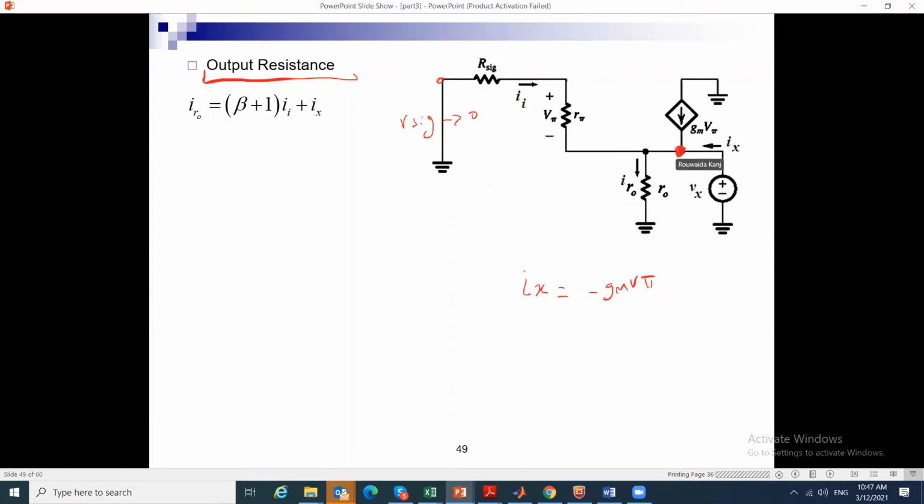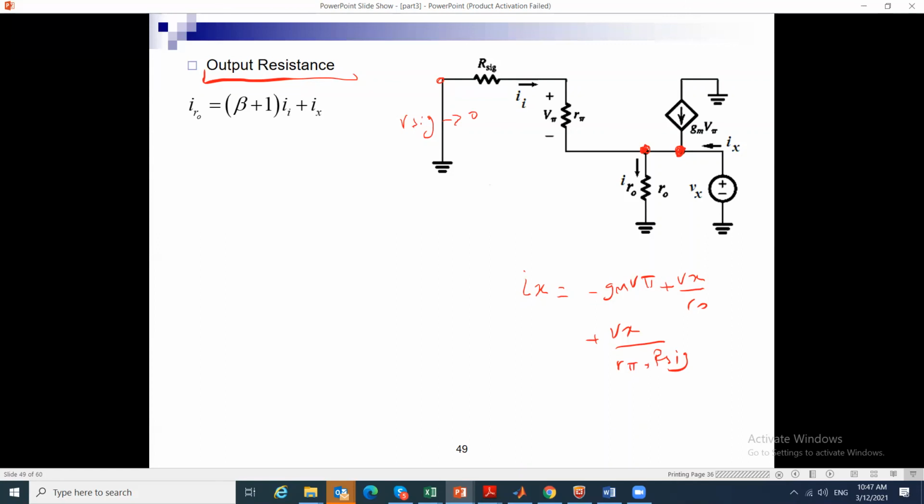We do KCL here, plus Vx over Ro, right? Plus Vx over R pi plus R sig. Okay? And then I need to find V pi as function of Vx, right? So can I find V pi as function of Vx?